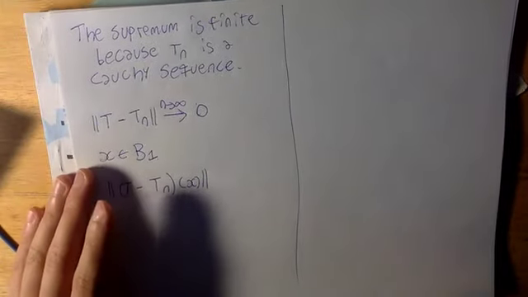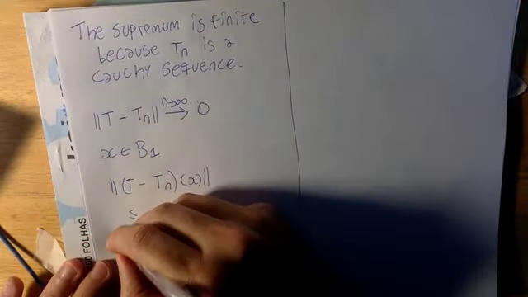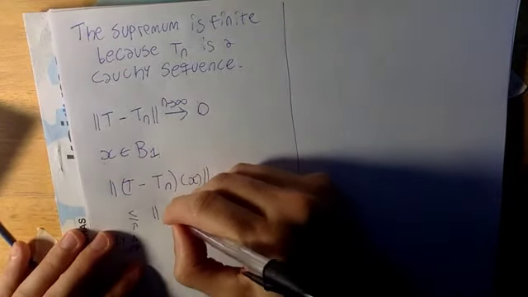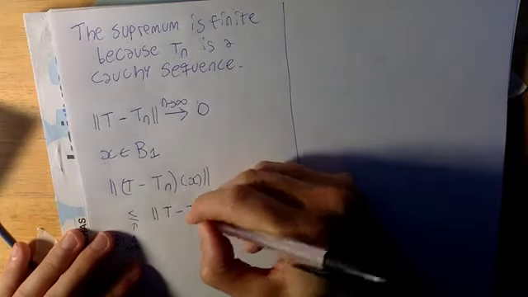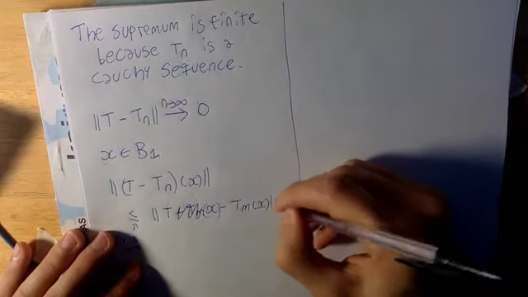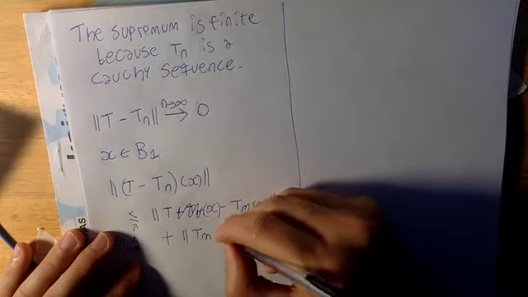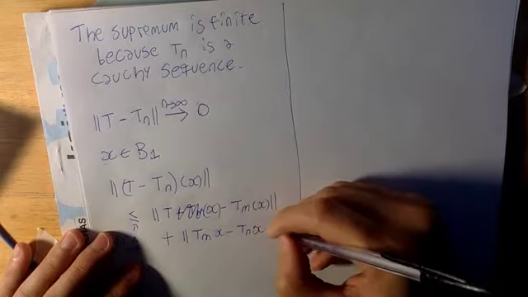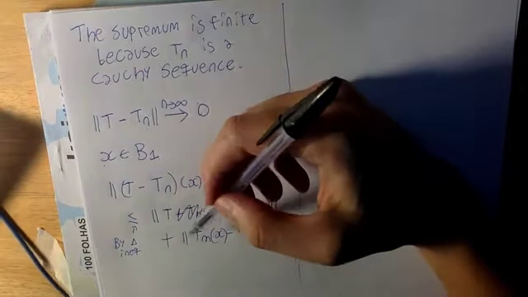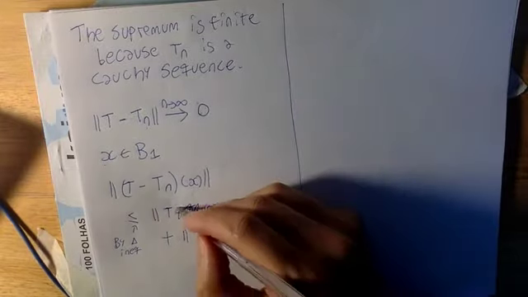Now we realize that this is less or equal, by the triangle inequality, than the norm of T of x minus Tm of x plus the norm of Tm of x minus Tn of x. So basically what we have done is add and subtract Tm.